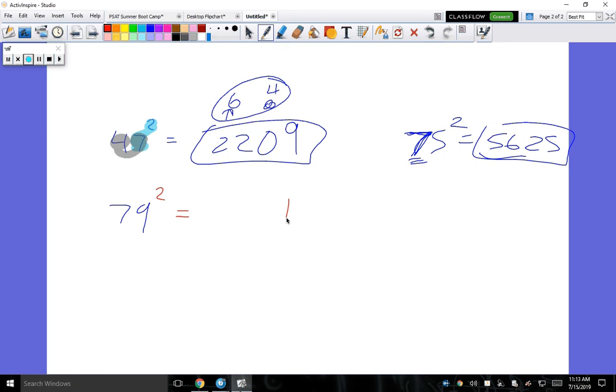Carry the 8. 7 times 9 is 63 times 2, 126, plus the carry of 8, 134. Carry the 13. So now 7 squared, 49 plus the 13, 62. Your answer is there.